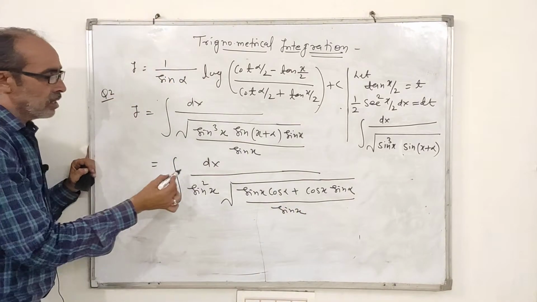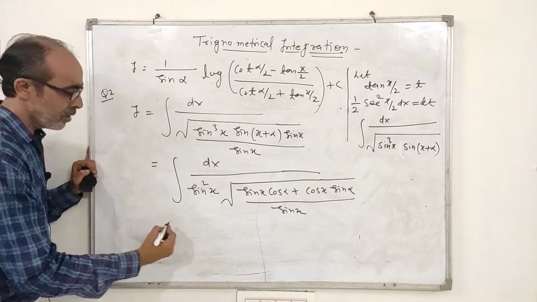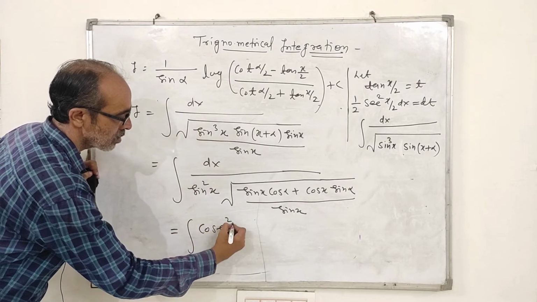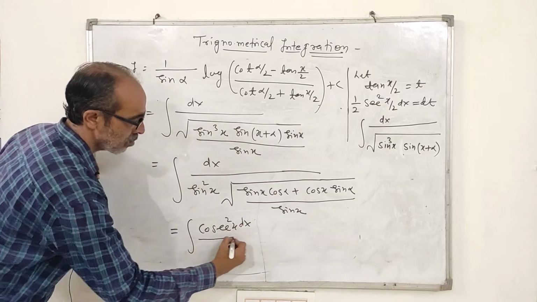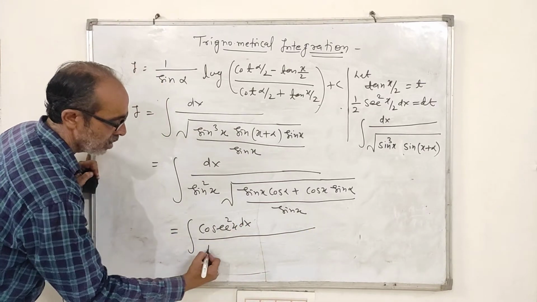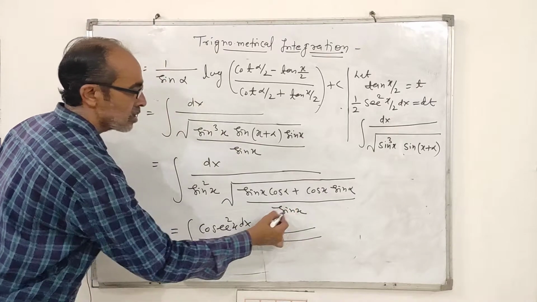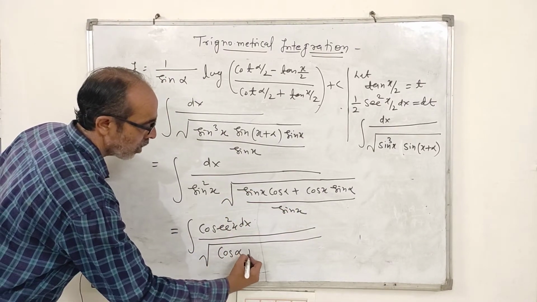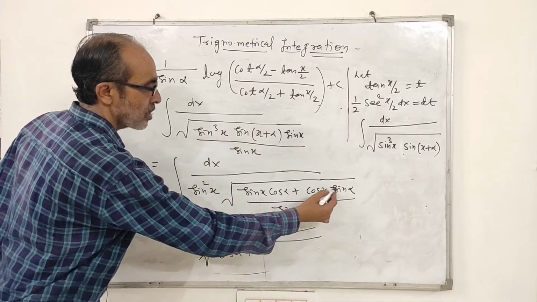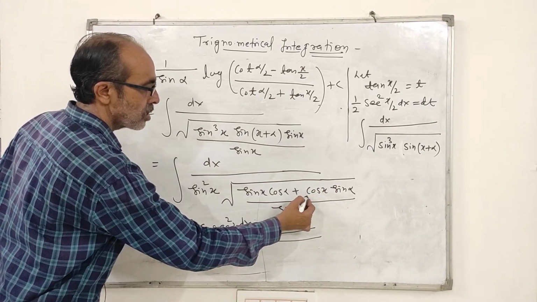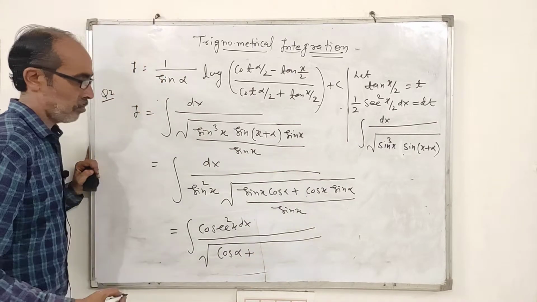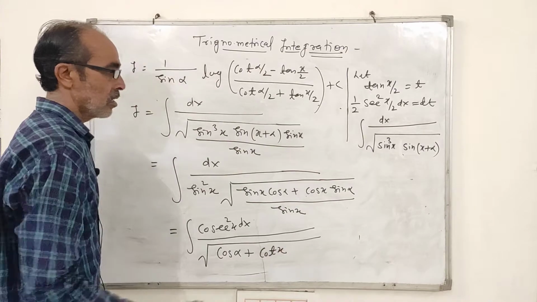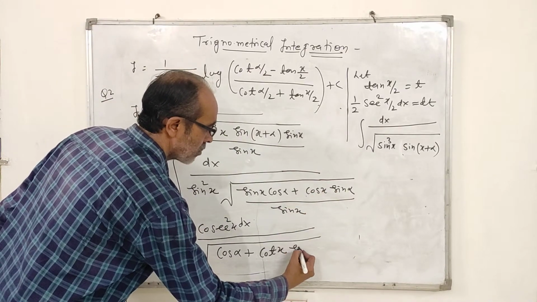Yes, here 1 upon sin square x is equal to cosec square x dx, and in the denominator our term sin x is cancelled by this one. So write here cos alpha plus cos x, and cos divided by sin is cot x, multiplied with sin alpha.